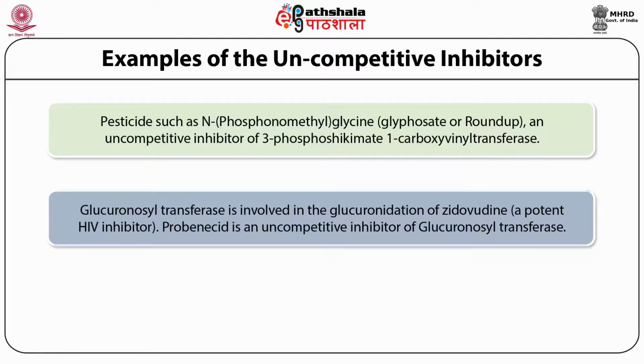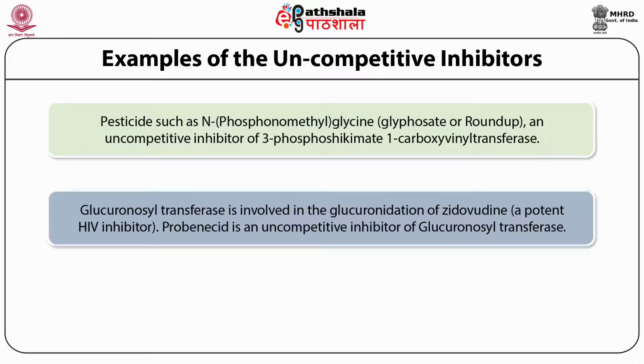So this propionic acid is an uncompetitive inhibitor of glucuronyl transferase. Therefore, it inhibits the glucuronidation of zidovudine.